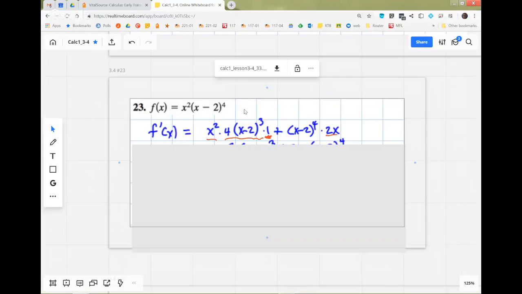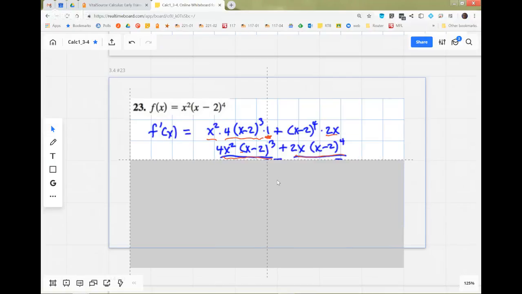By the way, there's a chain rule there. 4 times x minus 2 to the 3rd, and there's a derivative. But what's the derivative of x minus 2? It's 1. I know, you're probably thinking, I don't need that. You don't, but you need to remember the chain rule. All right. And then the second half of the product rule plus the second times the derivative of the first. Okay?